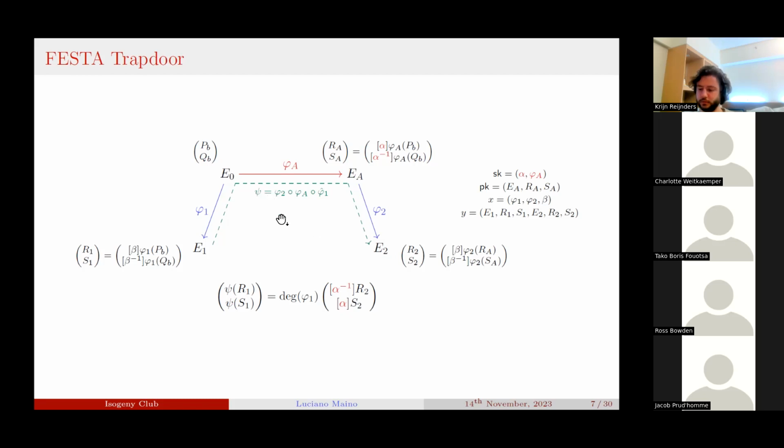Then from psi, you can recover phi_1 and phi_2, and from phi_1 or phi_2, you can recover beta, and everything works. So you are able to invert the trapdoor function.